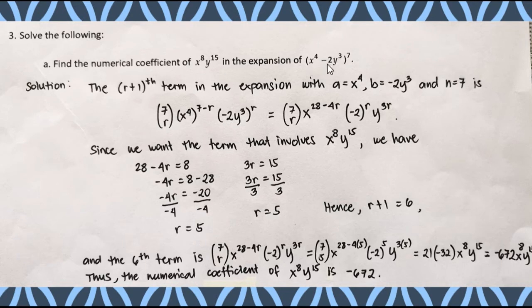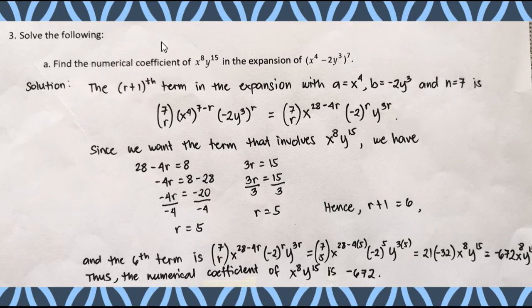Then, ang b na to kay negative 2y cubed. Ang 7 na to is n. Okay? Pangitaon nato ang numerical coefficient ani nga variable. Atong literal coefficient nga x to the power of 8, y to the power of 15.